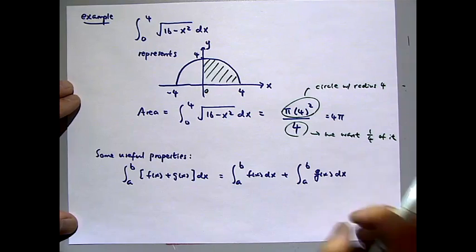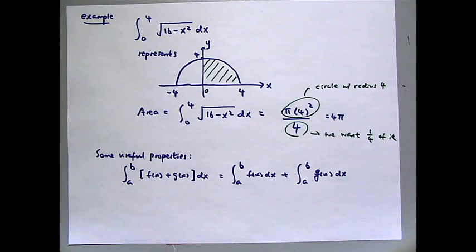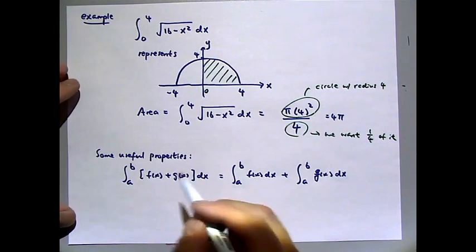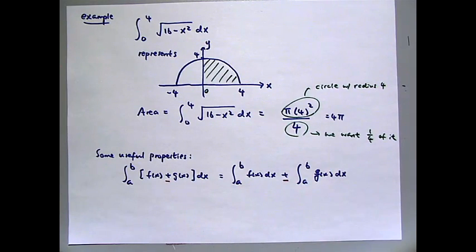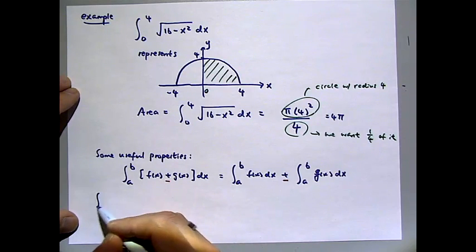And this works for plus and minus. Right? You just preserve the sign between the two. F plus g, the area underneath that, is the same as the area under f alone plus the area under g alone. If it's a subtraction, then it's an area under f alone minus the area under g alone. And I can show you a very simple example why that's true.